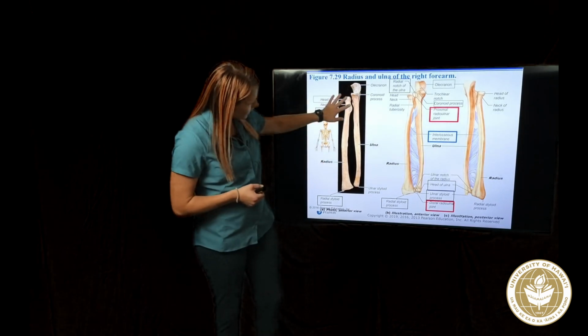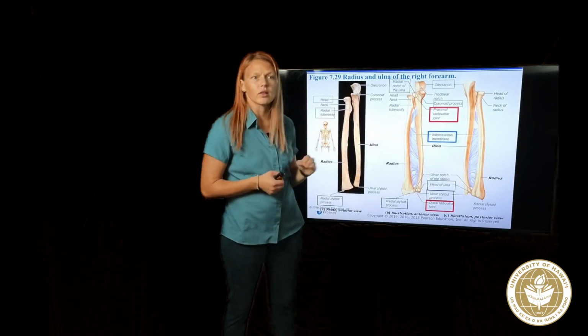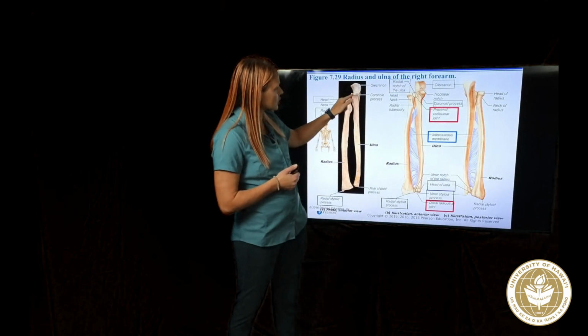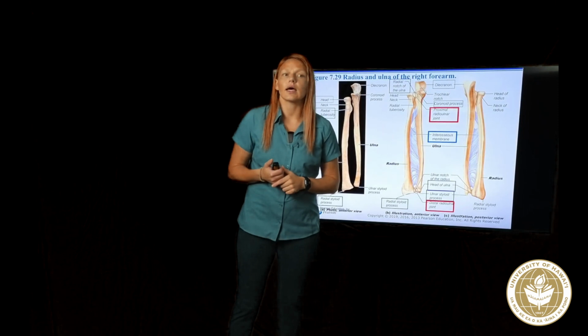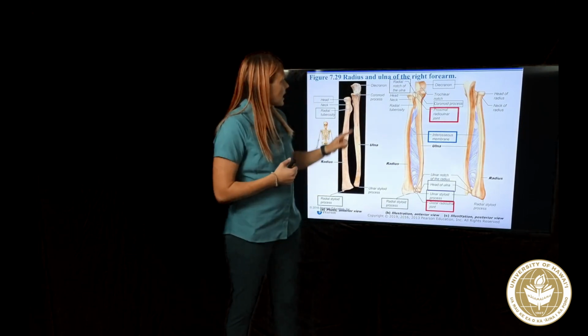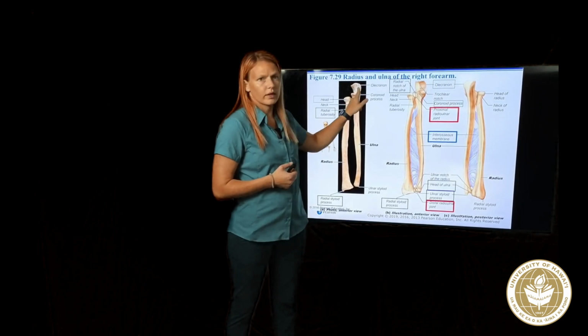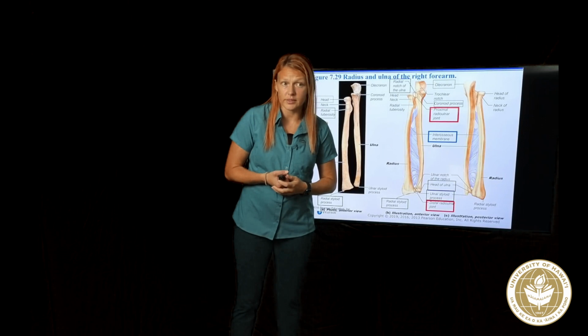You'll notice if you look here that your ulna is slightly longer, right? It's a little bit longer than the radius is. And the ulna has this little hook type shape right here at that top. And this is what's known as the olecranon right here. And that's because it's going to form the elbow joint of the humerus.